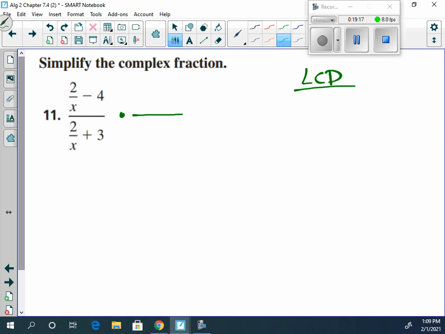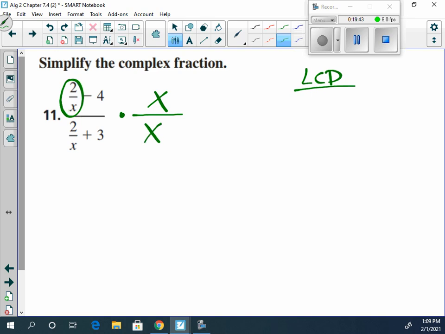So what would I need to multiply the numerator by so all the fractions simplify? So we're looking at this here, yes, the 2 over x. So we're wanting that fraction to simplify. So what would we multiply it by? X.